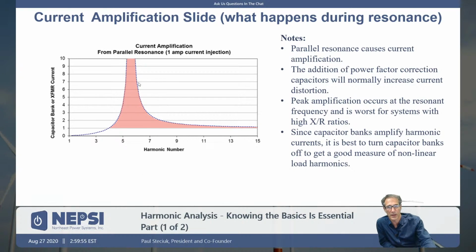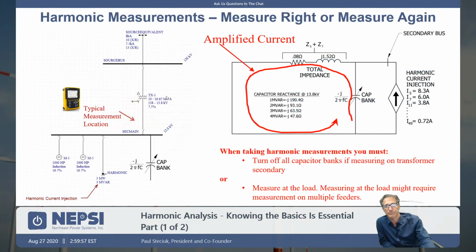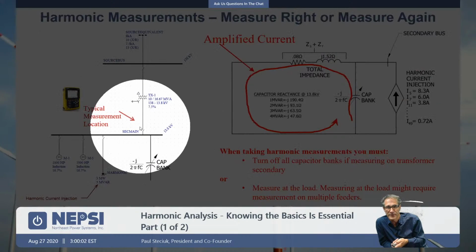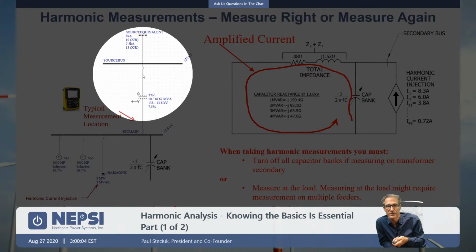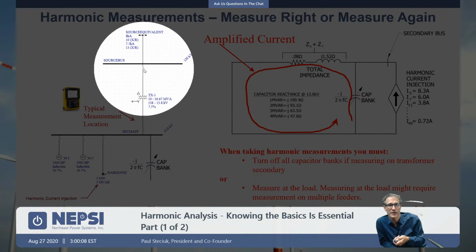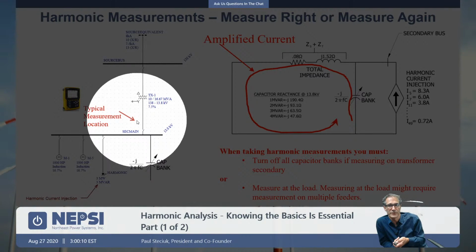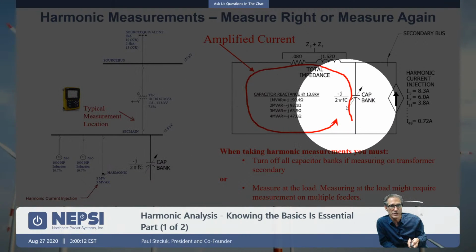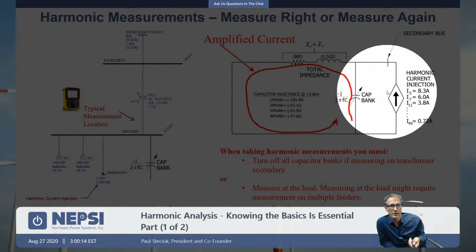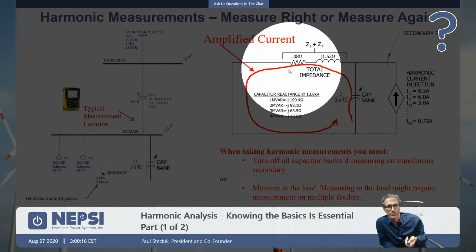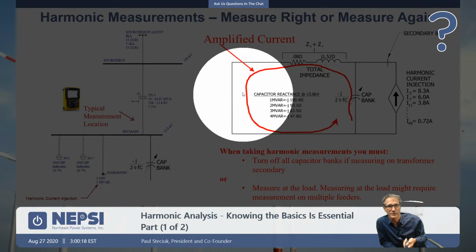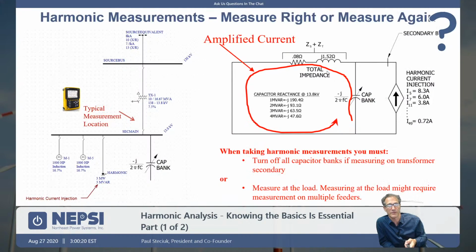I'm going to go to the next slide and show you what that means. It means that the current is amplified here and here. It's actually amplified at the point of common coupling, which is on the transmission side here, and it's also measured here. We have our harmonic current injection here, and the amplification factor is applied there, so we get this much higher current.